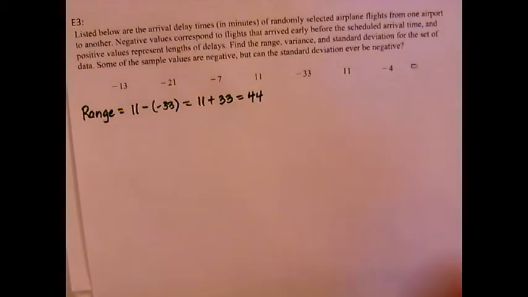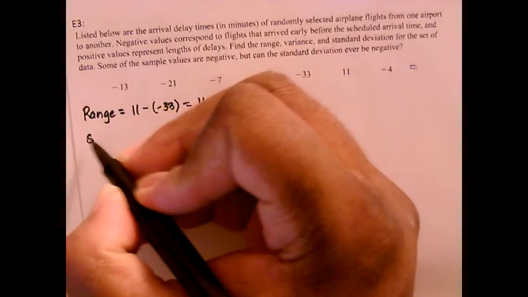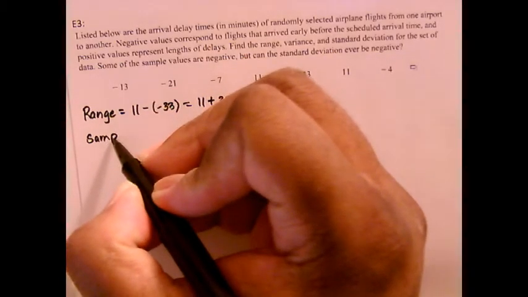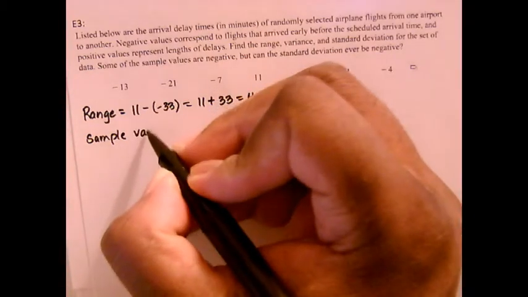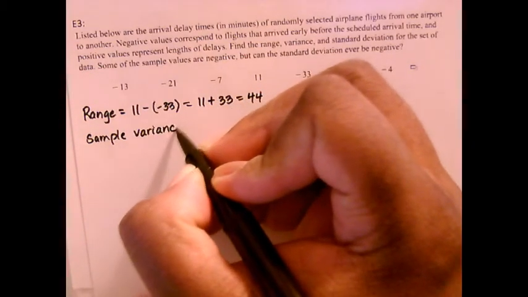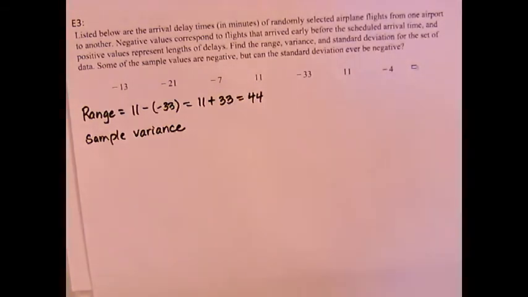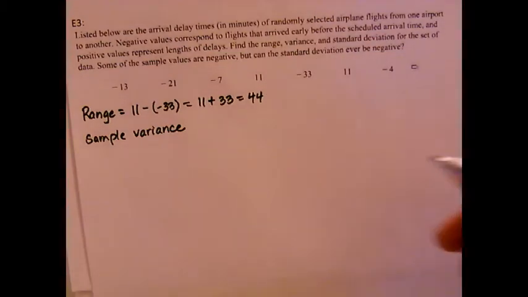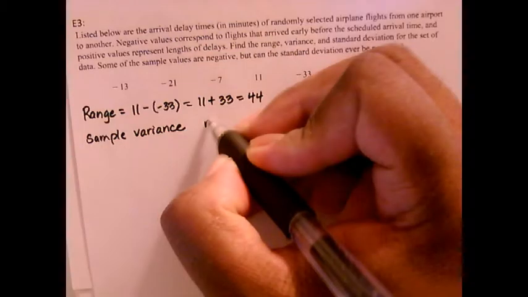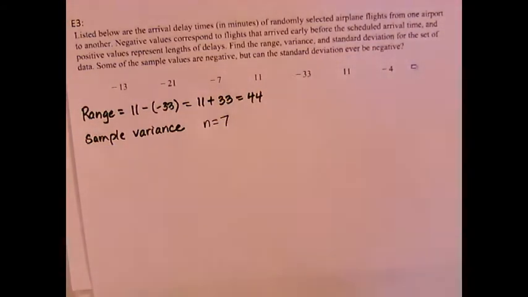Okay. Now next we want the sample variance. Alright, now for the sample variance, first of all, there are 7 data values, so we'll let n equal 7.